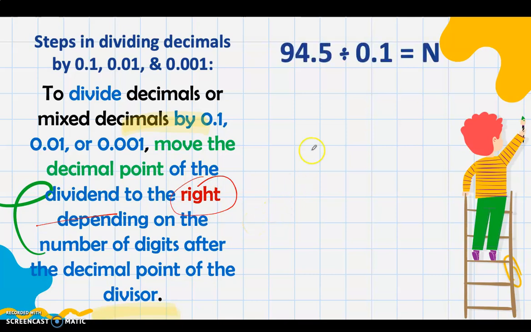So we have here 94.5 divided by 0.1. How many moves? We just have to move one place because there's only one digit after the decimal point. So 94.5, move to the right 1. The answer now is 945.